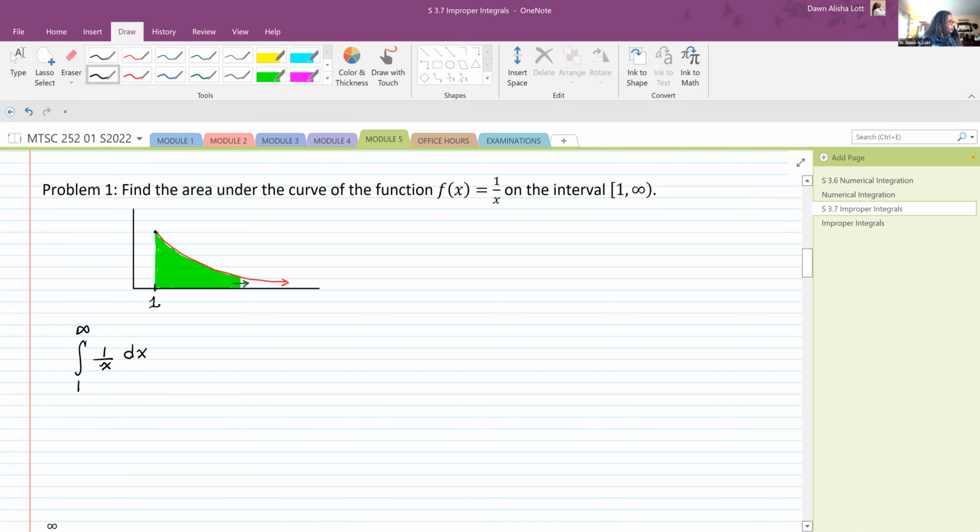If I take this, I'm going to rewrite it as the limit as t goes to infinity of the integral from 1 to t, so in the place of infinity, I'm going to have t, of 1 over x dx. So now this is the limit as t approaches infinity. And then this integral right here, 1 to t of 1 over x, what happens when I integrate that? What do I get?